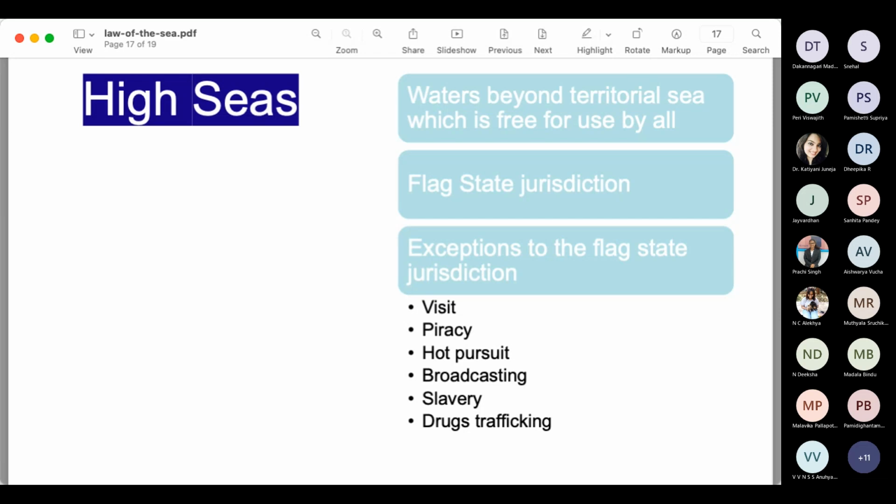Under Article 94 of UNCLOS, every state shall effectively exercise its jurisdiction and control in administrative, technical, or social matters over ships flying its flag. So again, the ship and the crew will belong to that nationality, and whatever administrative, technical, or social matters govern the ship will be the responsibility of the state whose flag they are flying.